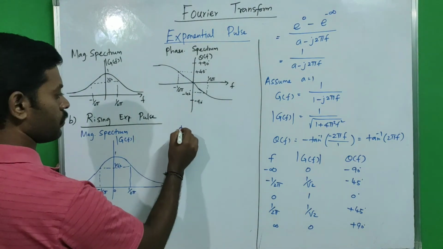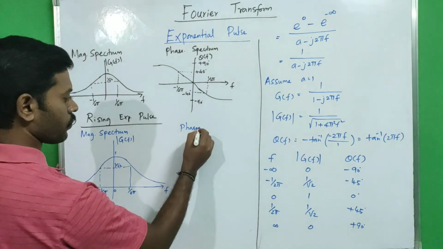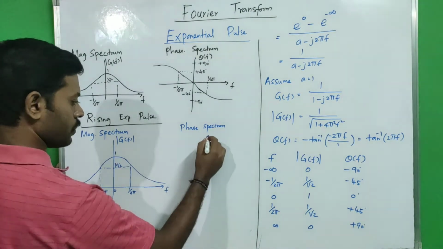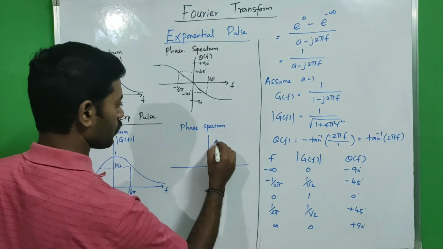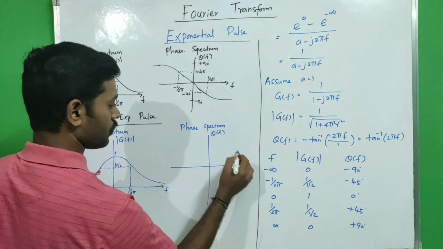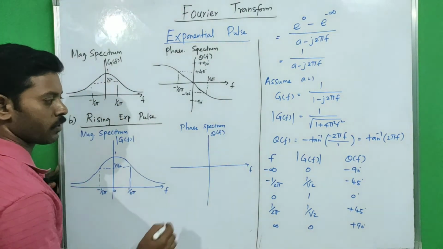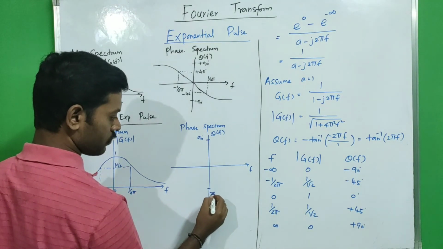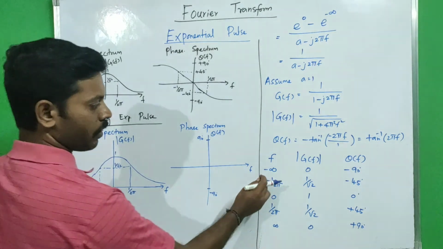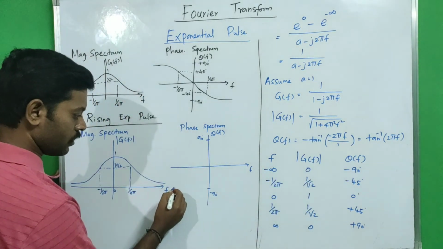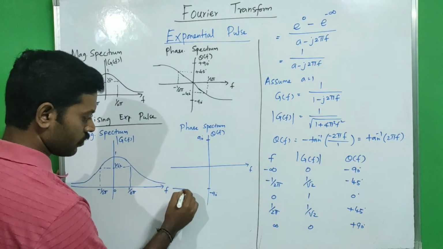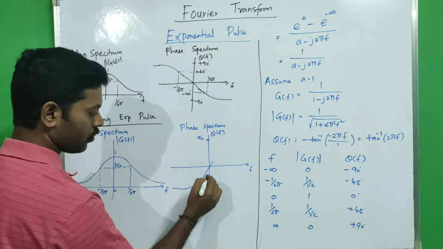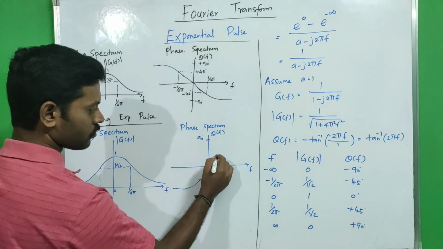And next, phase spectrum. Y-axis theta, x-axis f, and this is plus 90 degree, this is minus 90 degree. When f equal to minus infinity, we will get minus 90 degree. So the phase spectrum looks like this, and at f equal to 0, theta equal to 0.